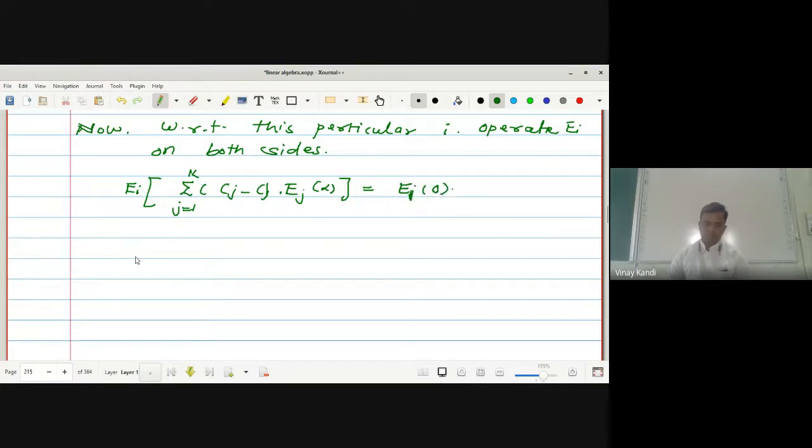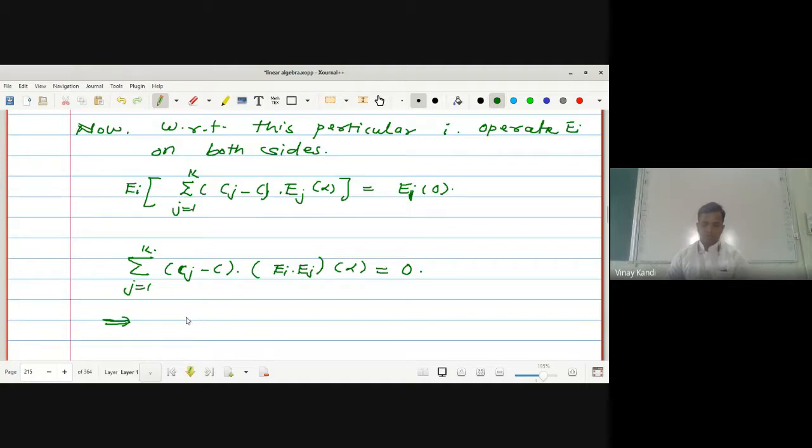This is equal to summation j equal to 1 to k of cj minus c into Ei Ej. Why? Because Ei is a linear operator, which means Ei of 0 is 0.